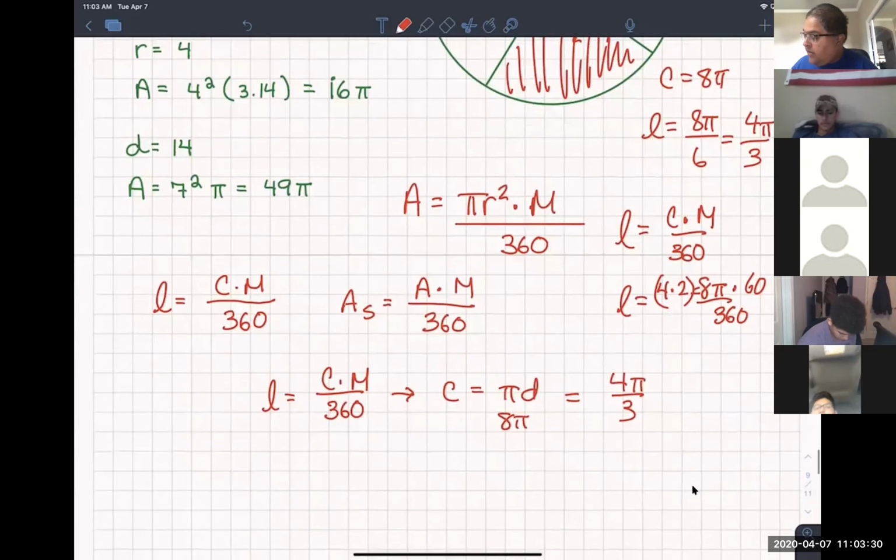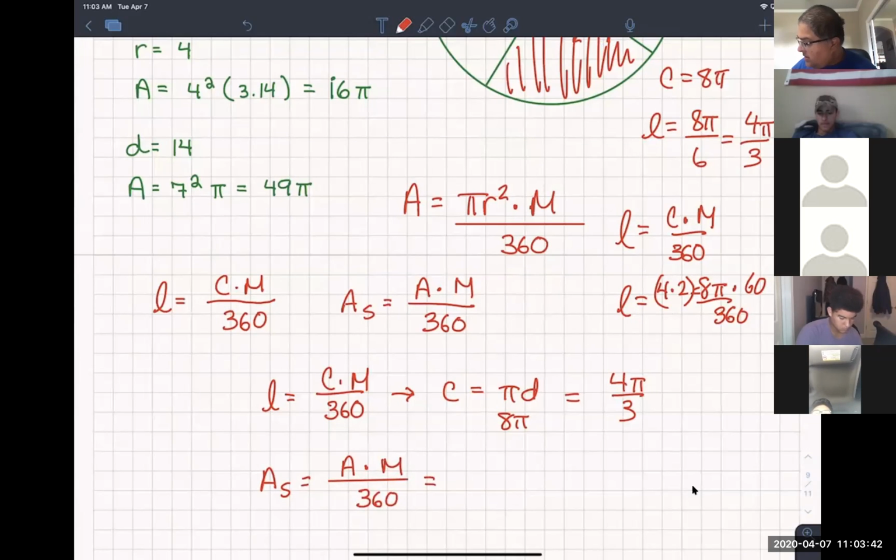Okay, now the sector is the same thing. It's the area of the circle times the arc measure divided by 360. So the area of the circle, remember the formula is pi r squared. Radius is 4, so the area is 16 pi.